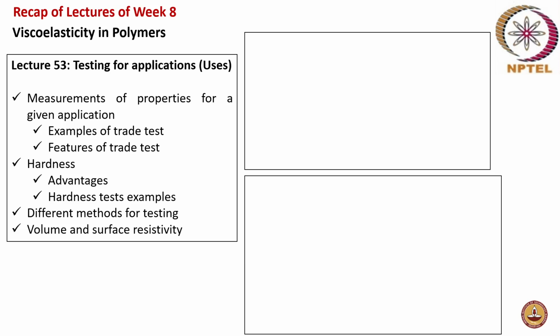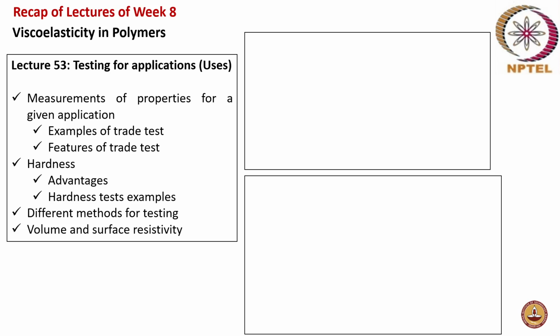Now let's continue with the brief recap of lectures of week 8. As I was discussing, in lecture 53, there was a discussion on the examples of trade tests and the features of trade tests. A trade test mostly gives some numbers. It does not really give the material property, but it gives some numbers to get an idea on certain properties or certain behavior depending on application.